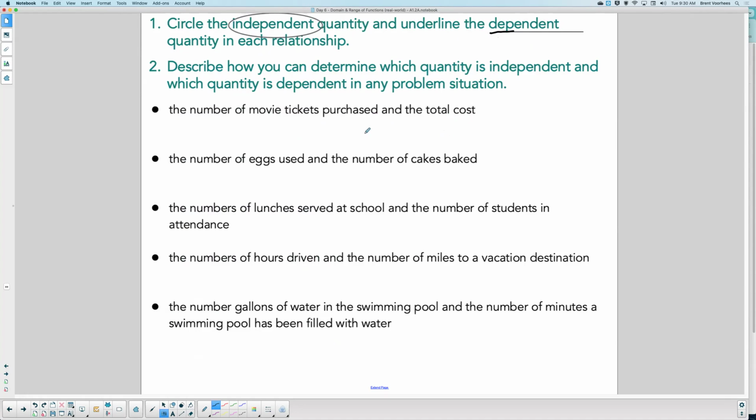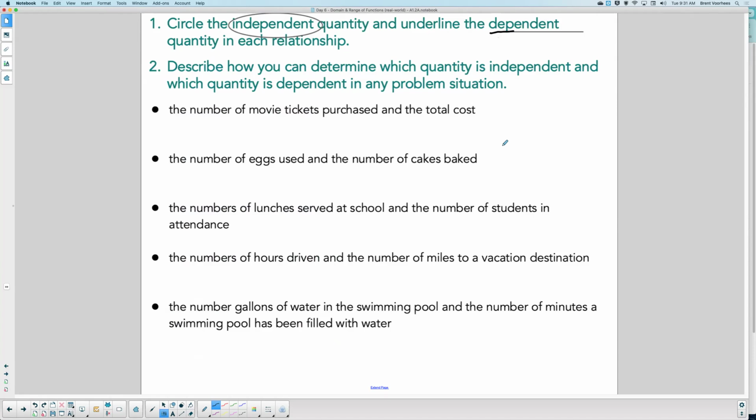What depends on what? Does the number of tickets purchased depend on what the cost was? Or does the cost depend on how many tickets you're purchasing? Which way is it? The cost depends on the movie ticket. So what would you do first?